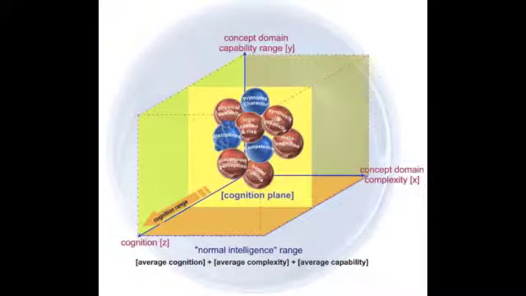When we're first born, as we mentioned in a previous video, we have very few astrocytes, and by the time we're in our late 20s, our brain is dominated by astrocytes as we've mapped different concepts within those 9 different domains across those 3 factors: cognition, domain complexity, and domain range.